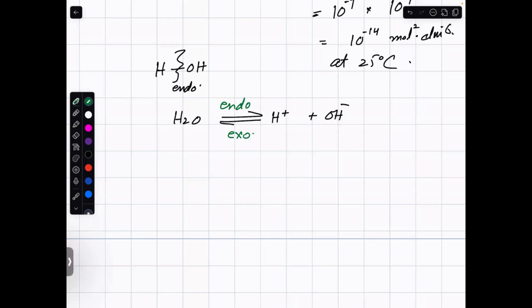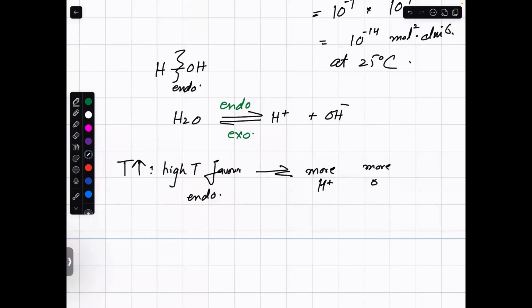So, if the temperature is high, it favors endo. Equilibrium shifts to the right hand side. More H plus, more OH, but keep in mind, they are equal.